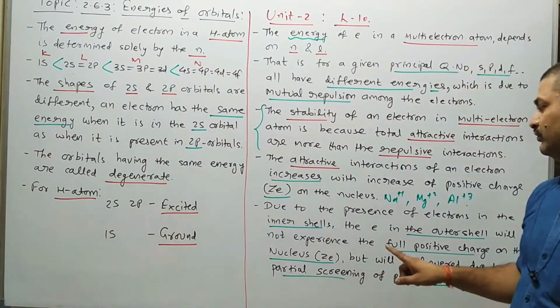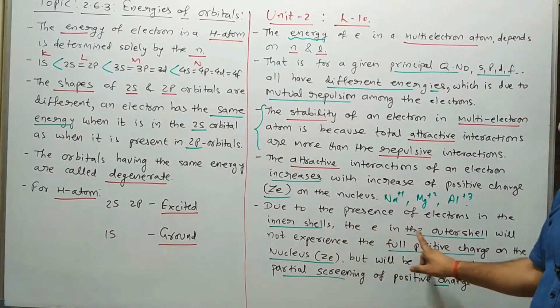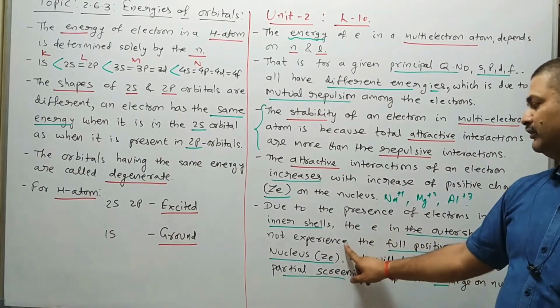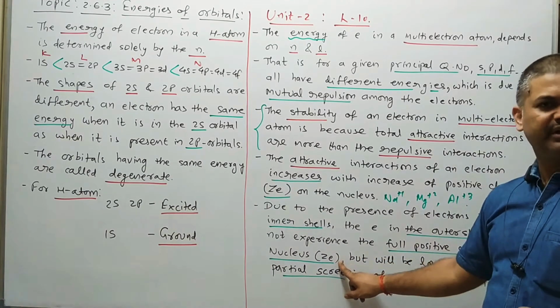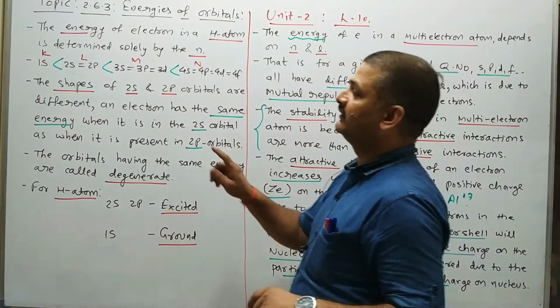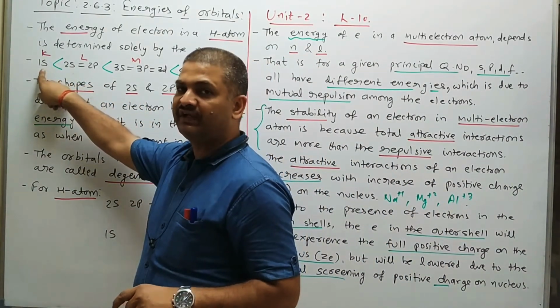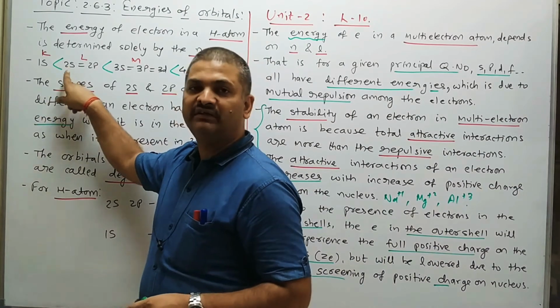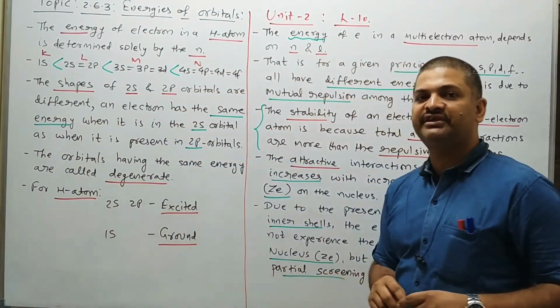Clear? Now, due to presence of electrons in the inner shell, the electron in the outer shell will not experience the full positive charge on the nucleus. अभी जैसे lithium है तो 1s2 है, 2s1 है, तो due to presence of this 1s2 electron, 2s1 का जो nuclear attraction है, it will not be that much effective.